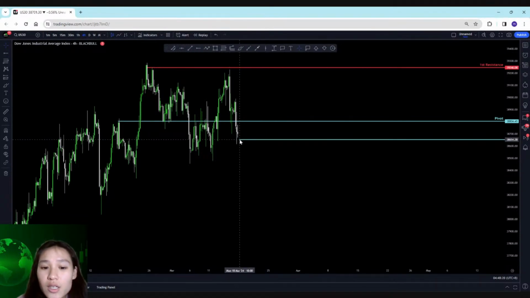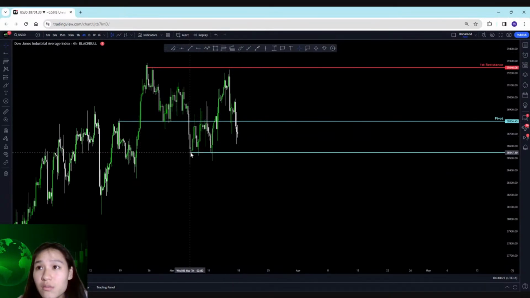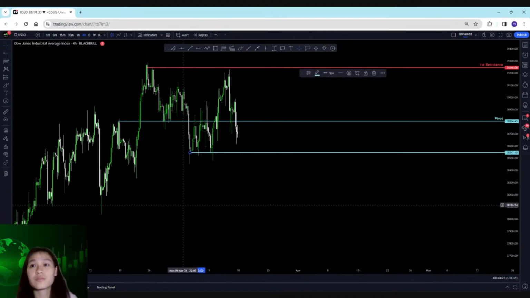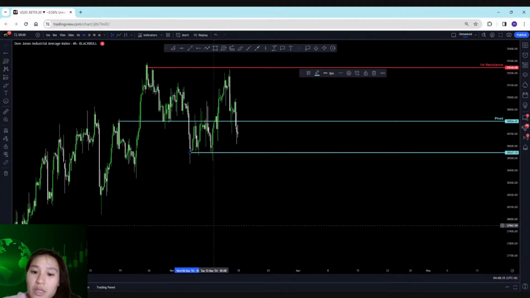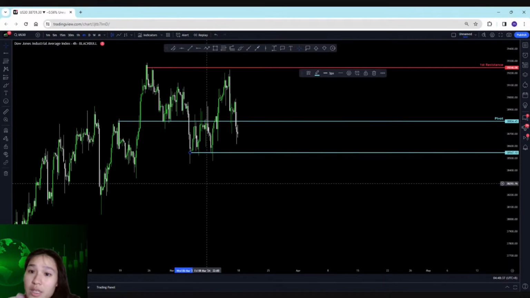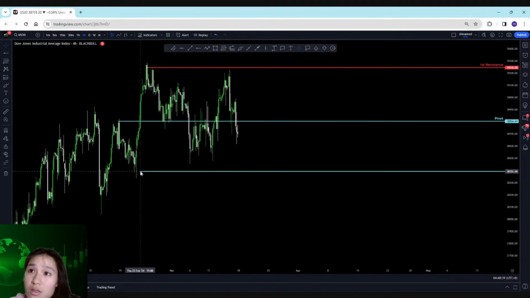And lastly, my first support, probably over here, at these swing lows. Or actually here.